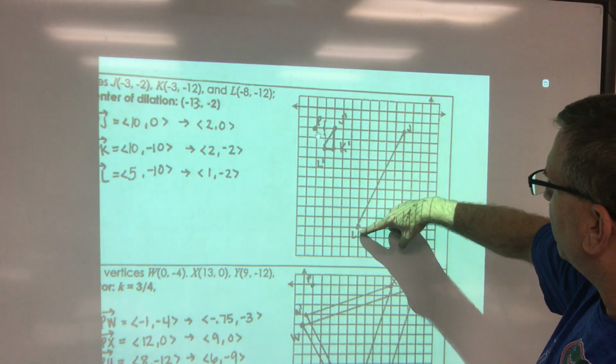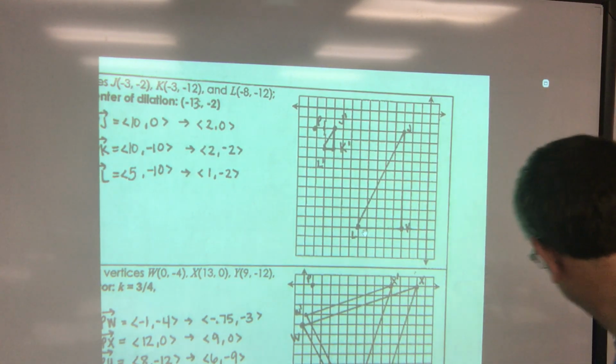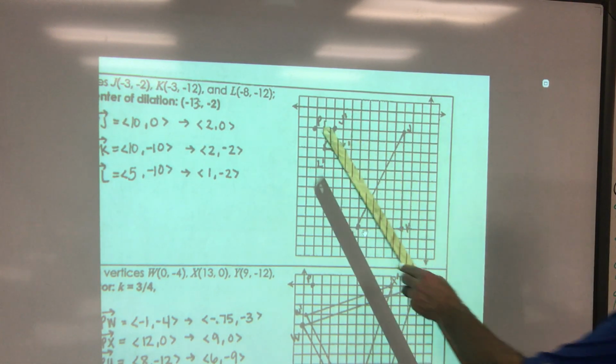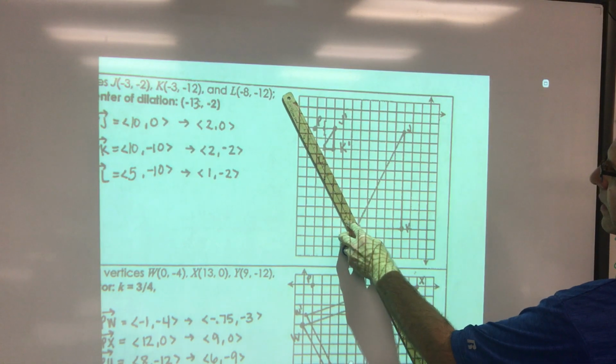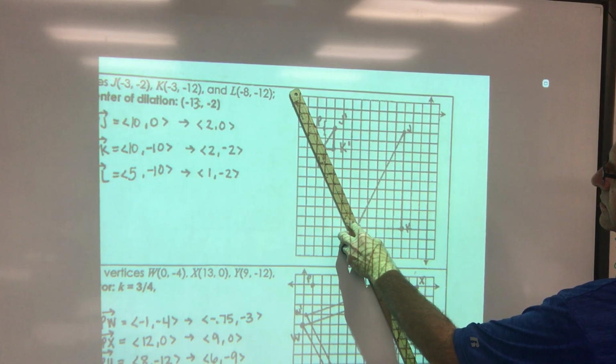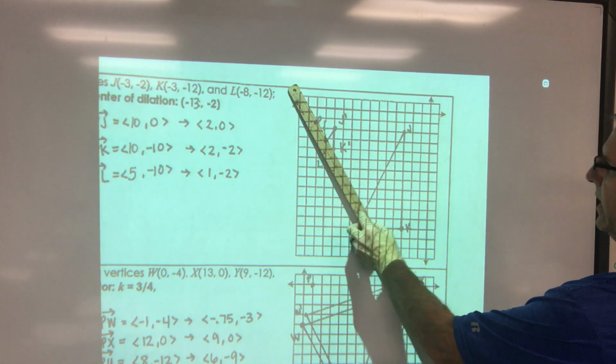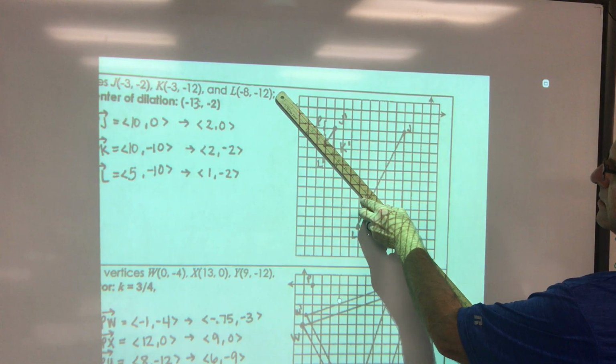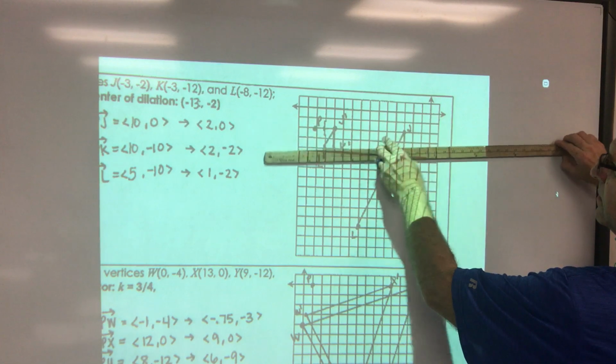And how I know I'm correct is that if I take a ruler and put it with those, it goes through the point of dilation. If I take a ruler and go through both K's, I get to the point of dilation.